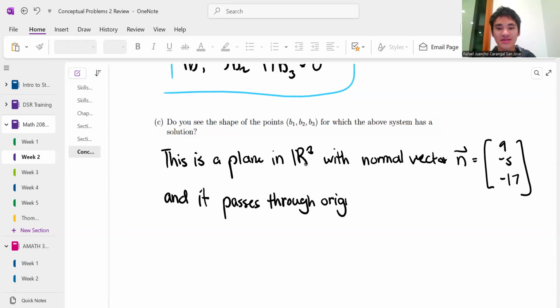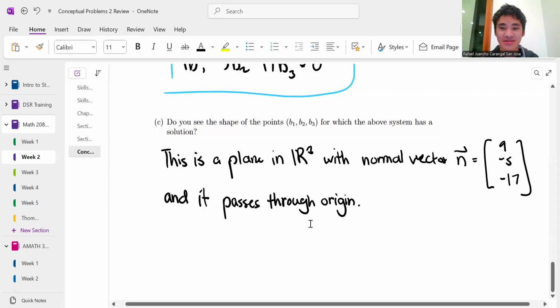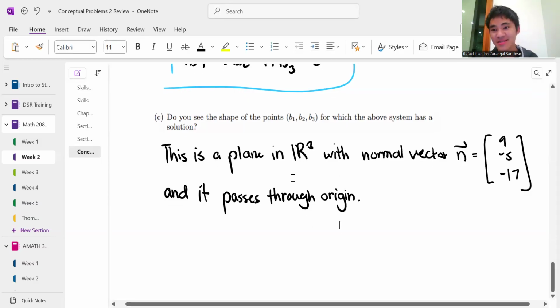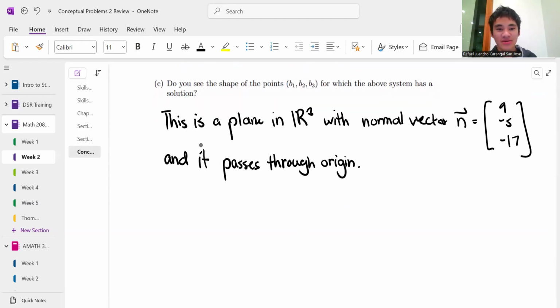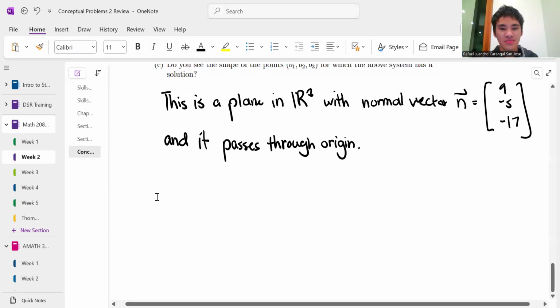Now this is actually a problem in calculus 3. You're given something like this, and you want to find a point and a normal vector to get an equation of a plane. So that really helps, right? Here we're just doing it backwards. But you guys can check it out on how I did it in my calculus series. Should be there.